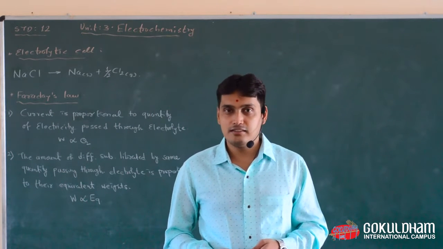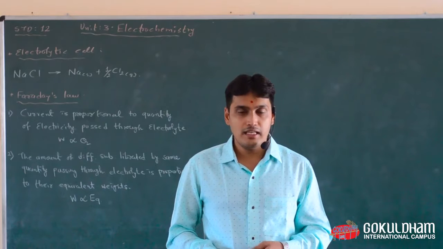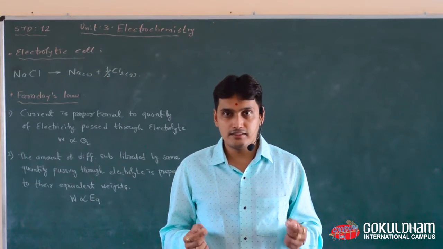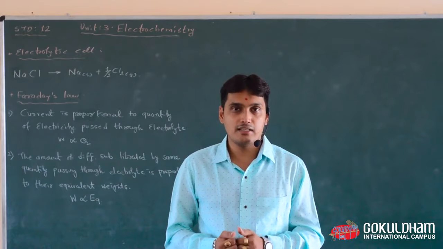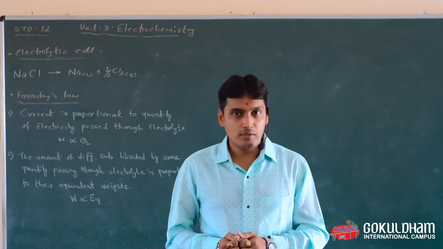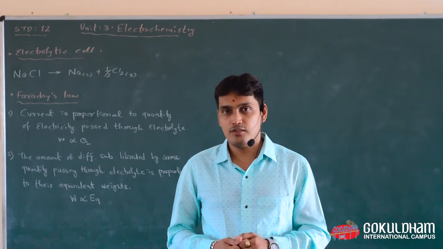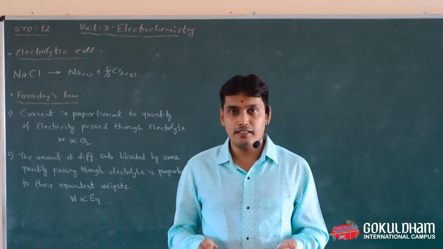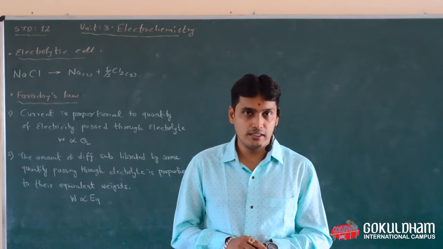An electrochemical cell consists of two beakers, two different electrolytes, and two different metal strips which are dipped into the electrolytic solutions. But in an electrolytic cell you have only one beaker, one electrolyte, and two different metal strips dipped into one beaker.